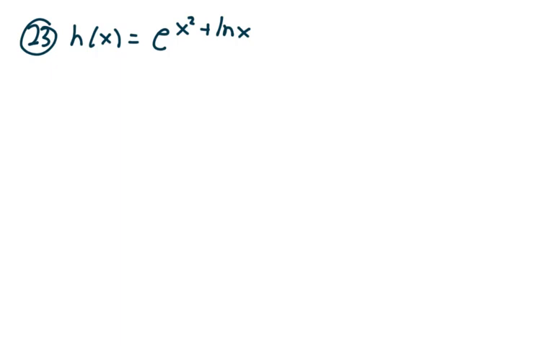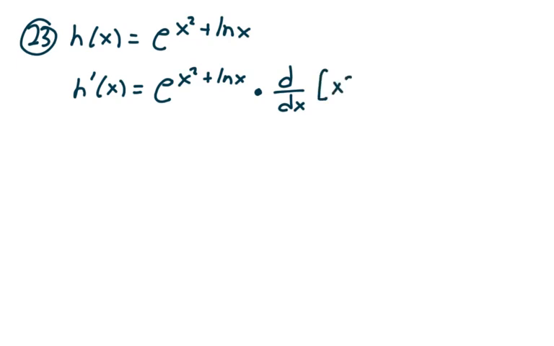Now, again, this is chain rule. So I'm going to write this as follows. H prime of x is e to the x squared plus natural log of x, but I'm going to multiply by the derivative of x squared plus natural log of x with respect to x.